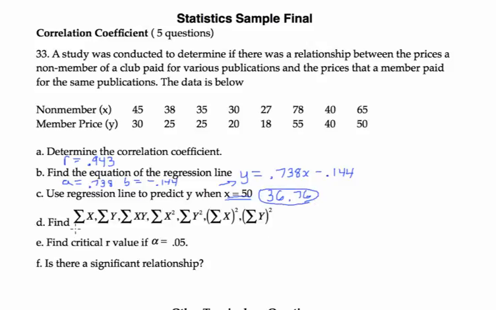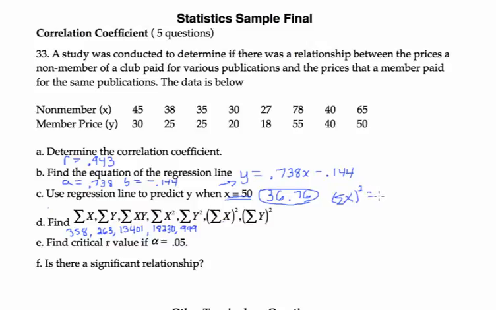Your calculator will also tell you all of these things. I've filled in the sum of the x's, the sum of the y's, the sum of the xy's, the sum of the x squareds, and the sum of the y squareds. To get these two values, you need to do a little bit more work. Sum of the x's, squared, with the sum of the x's in parentheses means you find the sum of the x's first, then you square it.